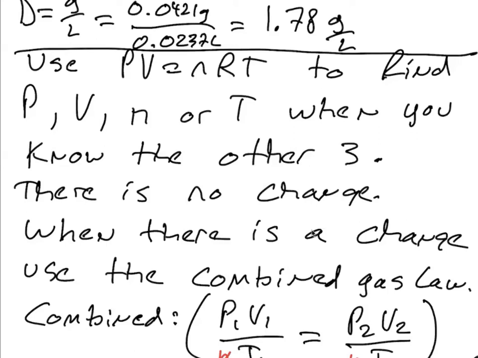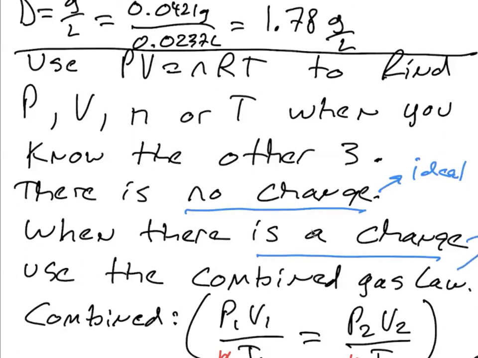So on a test, you're going to want to read the question carefully and say to yourself, okay, self, is there a change or is there no change? If there's no change, ideal, right? When there is a change, use the combined gas law. At least of the gas laws that we've learned so far, right? Okay.